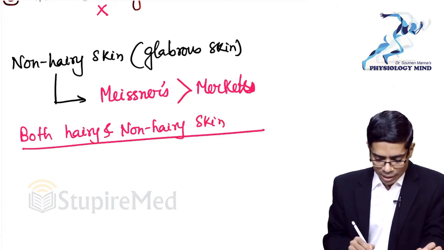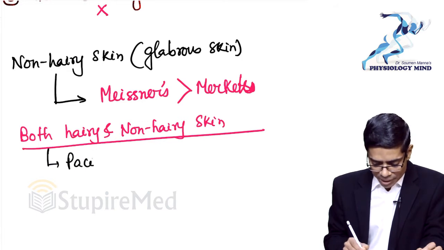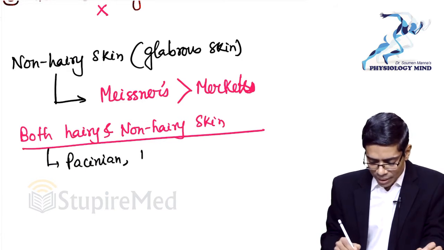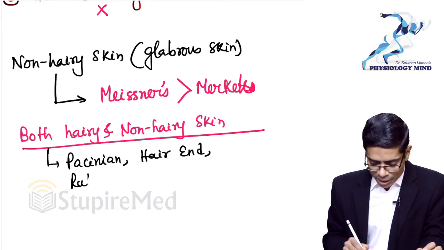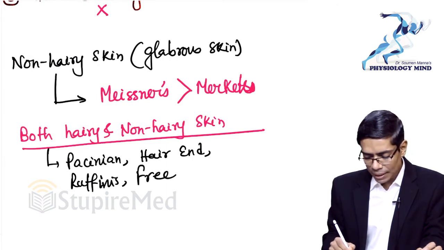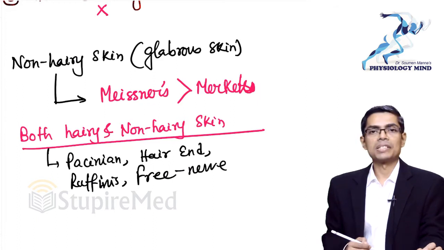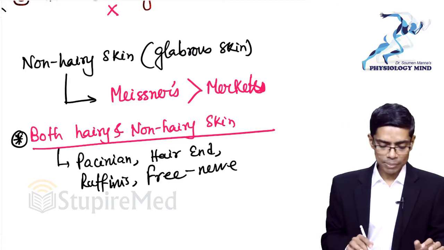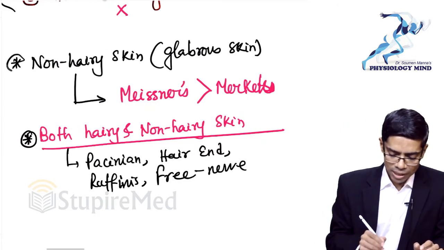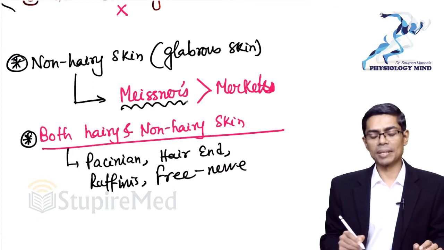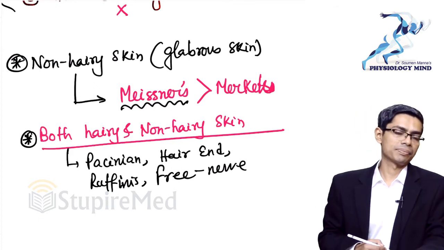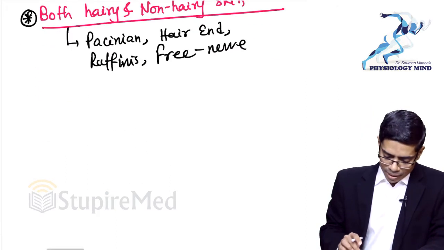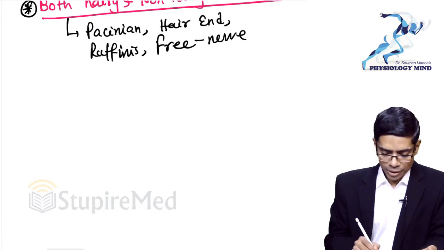We are left with Pacinian, then hair end organ, then Ruffini's, then free nerve ending. All of them are present on both hairy and non-hairy skin. So especially I have to remember that for non-hairy skin, if I have to mark one receptor exclusively, that is Meissner's corpuscle.